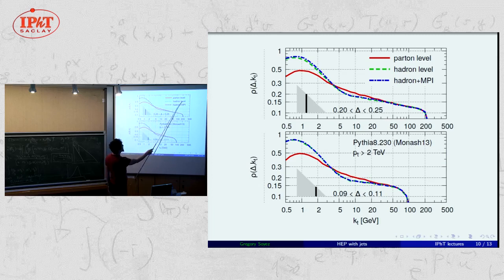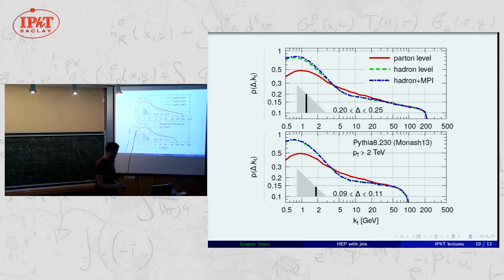If you look at parton level, so plain QCD, versus QCD plus hadronization, versus QCD plus hadronization and underlying event, you see that at high kT there's very little difference between parton level and hadron level. So non-perturbative effects are small, while if you go down in kT, there's an enhanced non-perturbative correction.